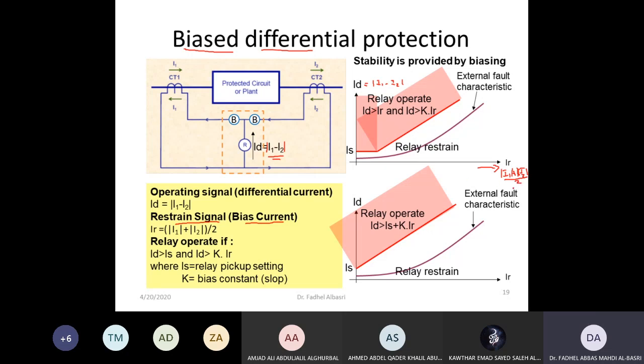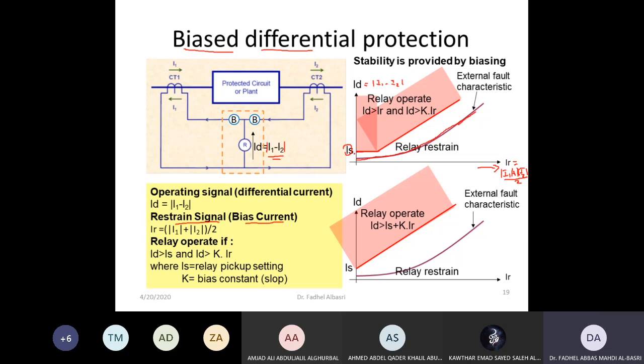That gives you what we call the restraint quantity. Now the setting changes as this current changes. This is the curve that represents the error. As current increases, error increases. I want the relay pickup setting higher than this error, so I will start with a low value and then increase it.